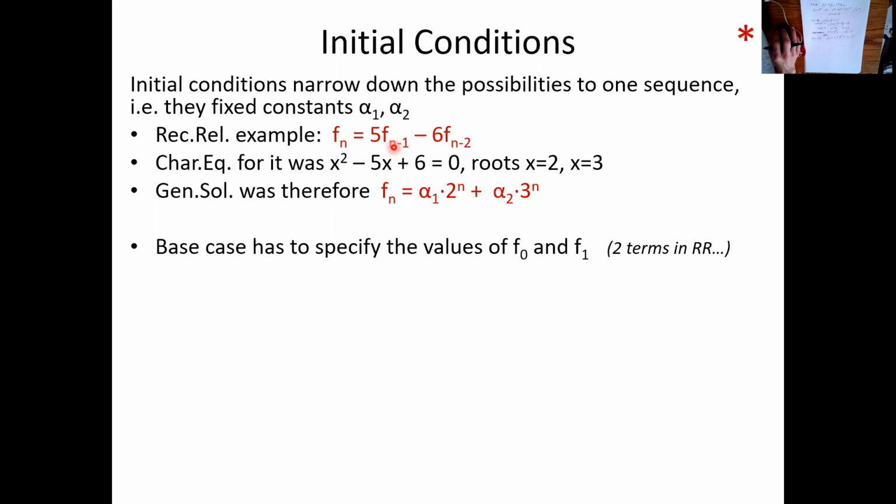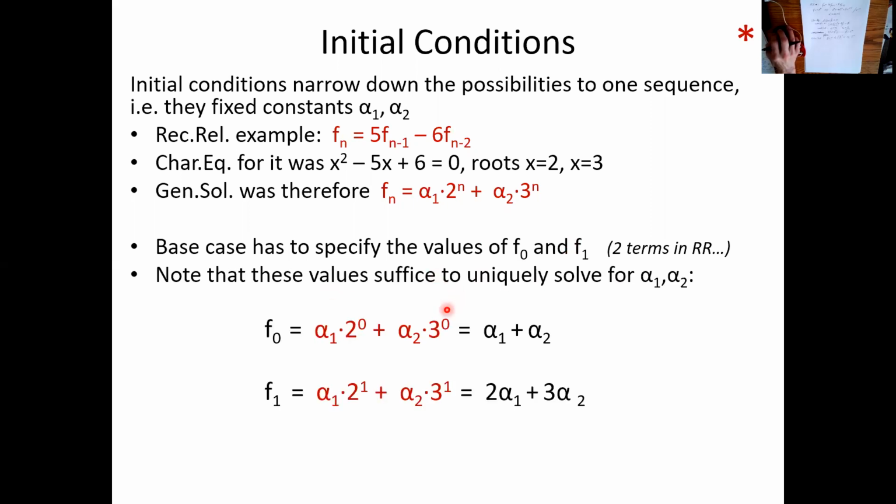If you don't declare values of this sequence at two consecutive points, then this will fail to correctly define any sequence. So the base cases have to specify two consecutive elements, and let's just take the starting index to be 0. And these initial conditions will suffice to uniquely determine these constants.